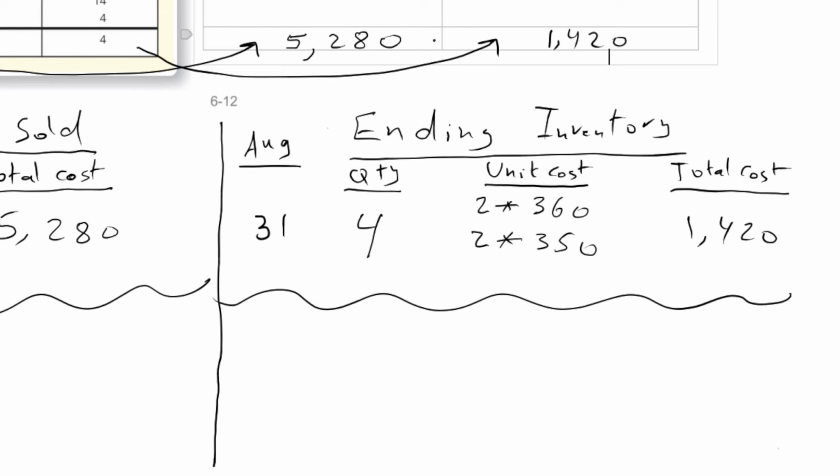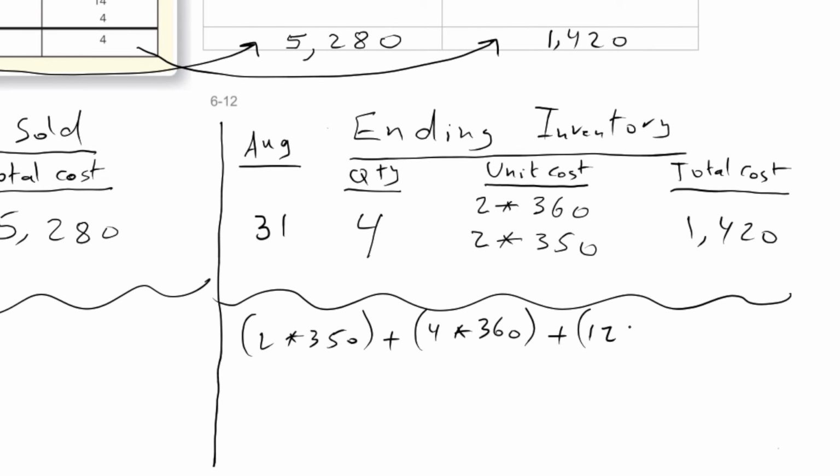If you add up those 2 totals, you will get 6,700, which is also the 2 units at the beginning of the month multiplied by 350, plus the 4 units we purchased August 5th multiplied by the cost per unit, which is 360, plus the 12 units we purchased on August 26th multiplied by 380, and I guess that's everything, and that will give us a total of 6,700. That's your cost of goods available for sale.